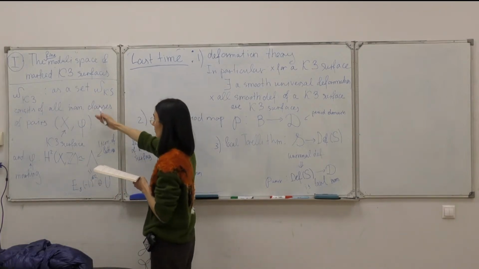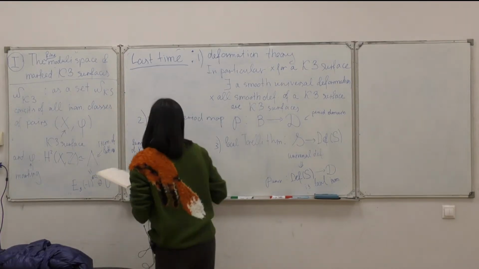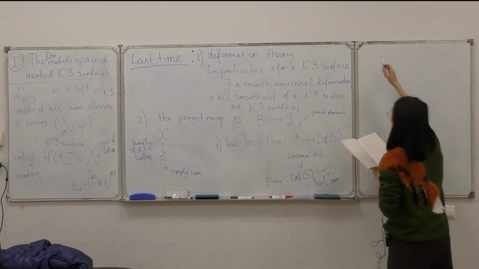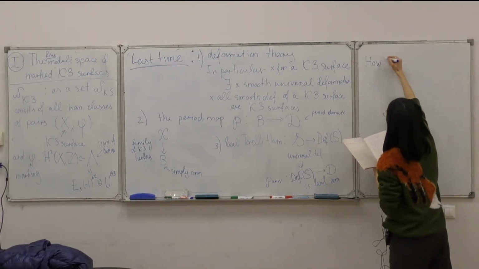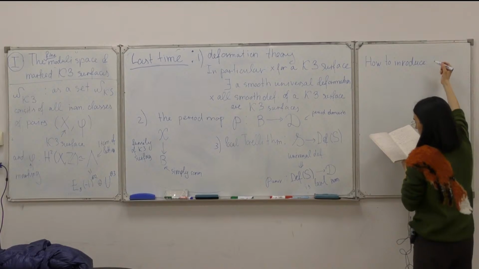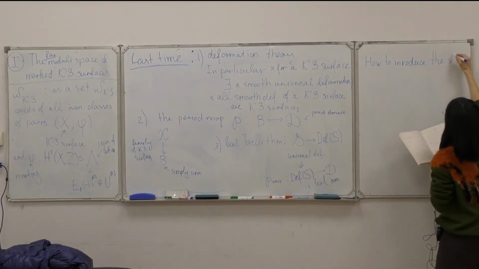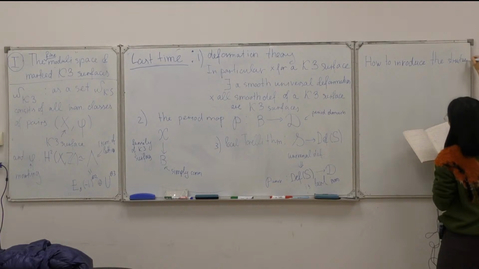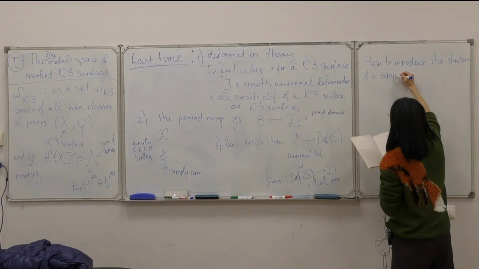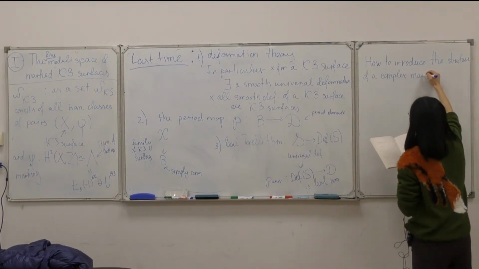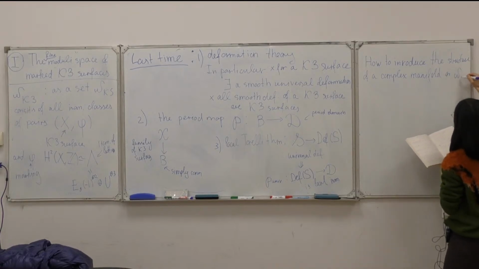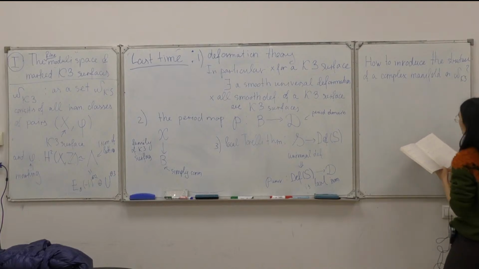So this is a set of pairs, and we would like to introduce the structure of a complex manifold on this set.